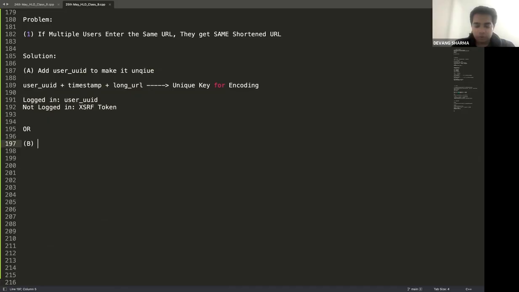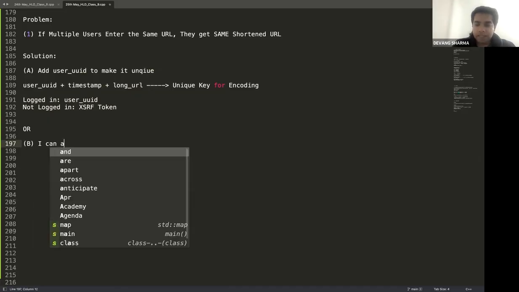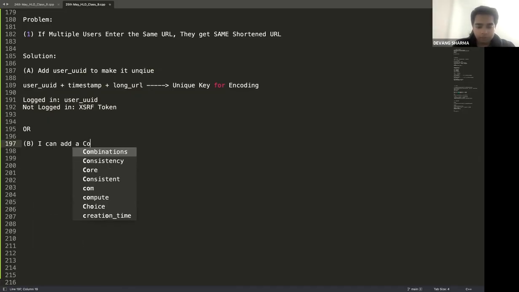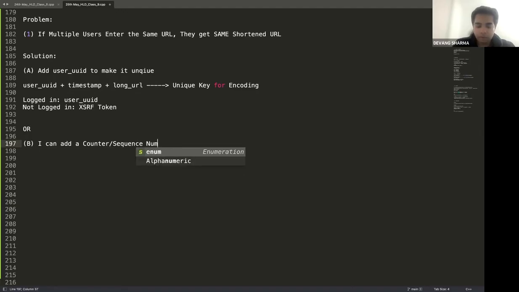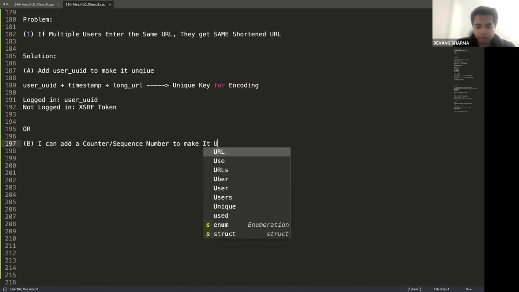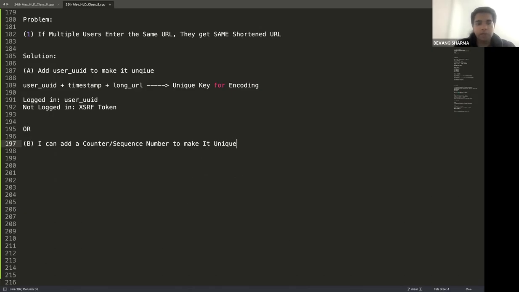Let's talk about the other approach also. I can add a counter or a sequence number to make it unique. The idea was to make it unique. Remember that. Okay. So let's say first time google.com came.